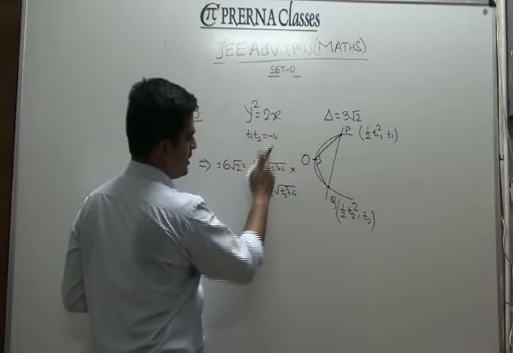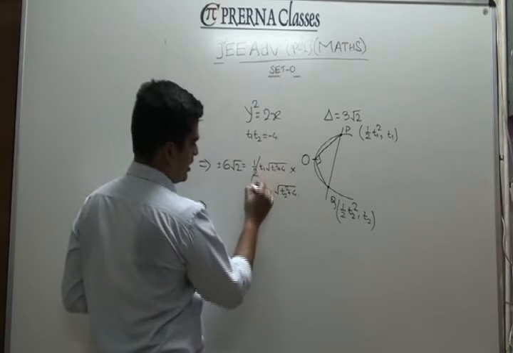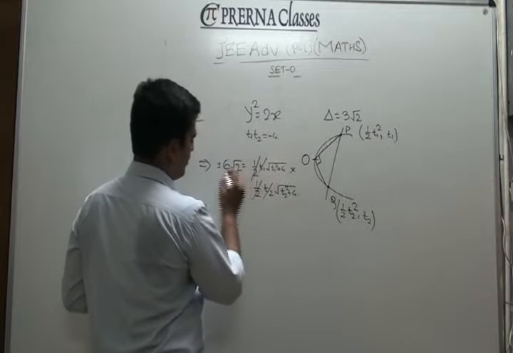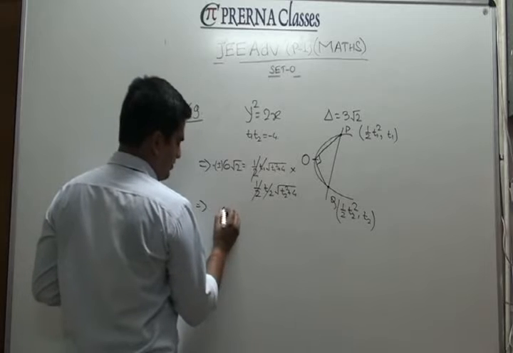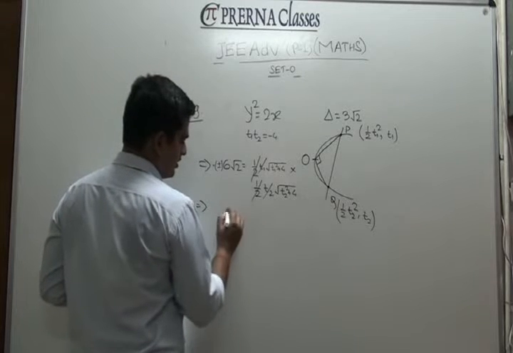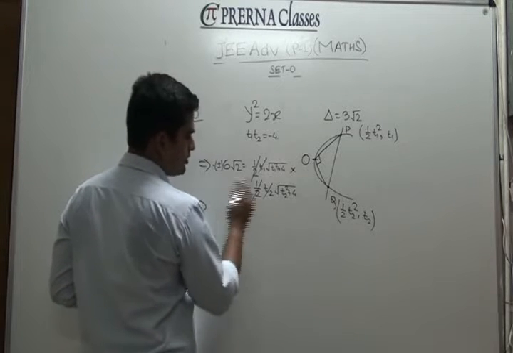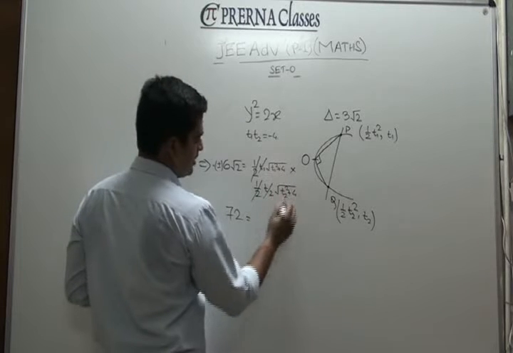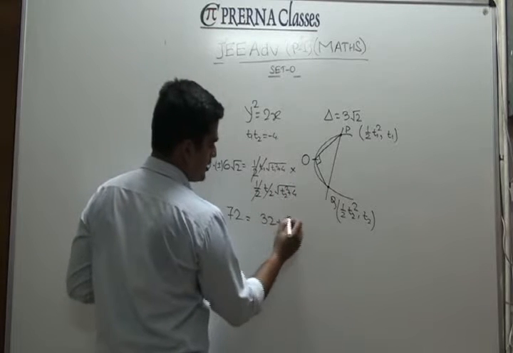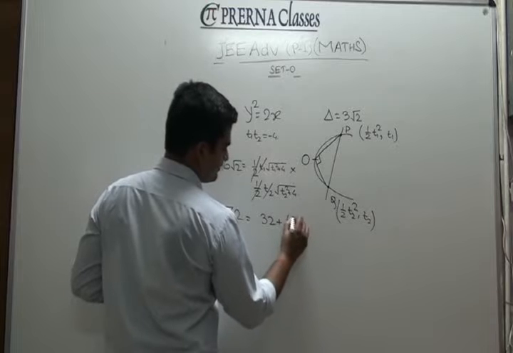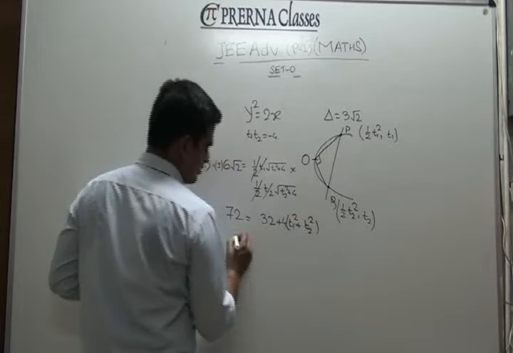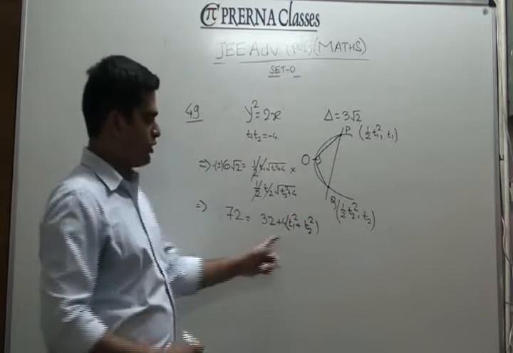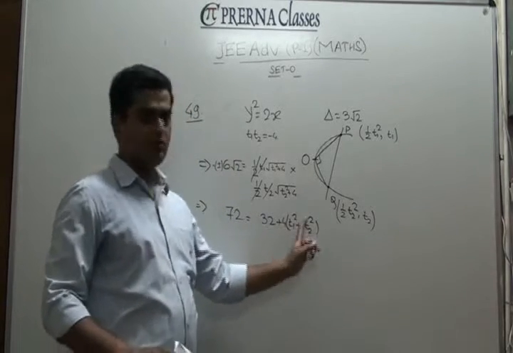You can check then this product is again -4, which is going to take care of this half along with a minus sign. If I adjust that here and if you square it up, you can check you have that whole thing equal to 72 on that side, and here you have overall 32 plus this much. Clearly then by this you know what is T1 plus T1 square plus T2 square.